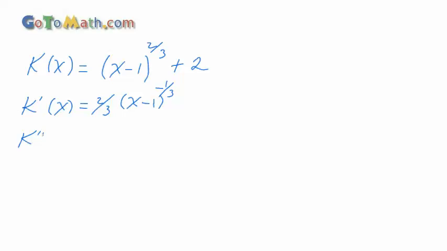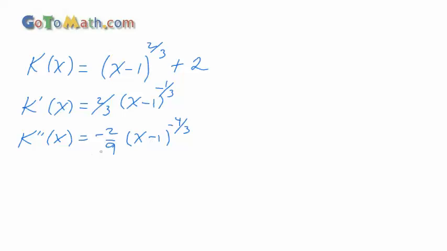Then we'll want to find the second derivative. We might as well just go ahead and do that now. So take the negative 1/3, bring it out front, and you end up with negative 2/9. Subtract 1 from negative 1/3, so we'll end up having negative 4/3, and the derivative of the inside, bring it out, it's just 1.